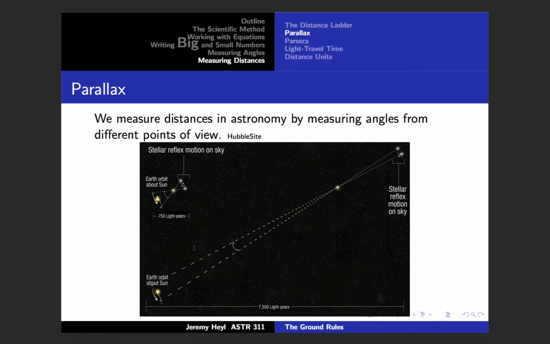And that's not because the star is moving, it's because I'm moving. So as I go around like this, if I look at someone nearby, they move a lot more as I move back and forth compared to someone further away. And we can figure out what the angle that they move by, how does that correspond to how far away they are from us?